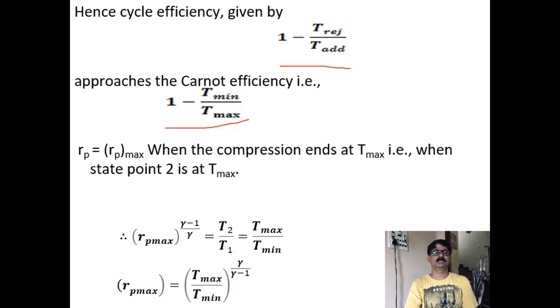So when the compression ends at Tmax, right? State point 2 is at Tmax, so then the pressure ratio will be Rp max. So Rp max to the power gamma minus 1 by gamma, that is P2 by P1 to the power gamma minus 1 by gamma, is equal to T2 by T1, which is equal to Tmax by Tmin, or Rp max is equal to Tmax by Tmin to the power gamma by gamma minus 1.